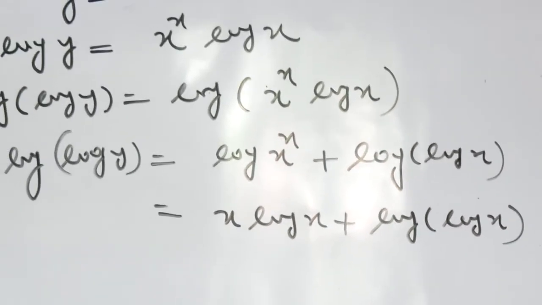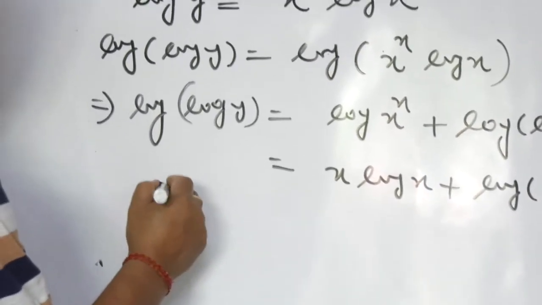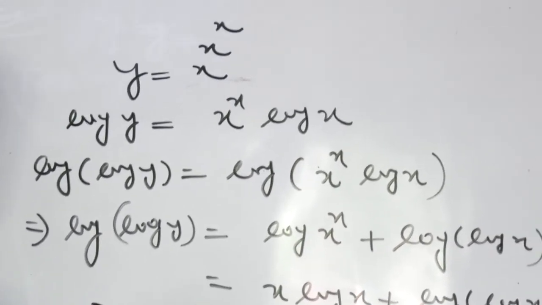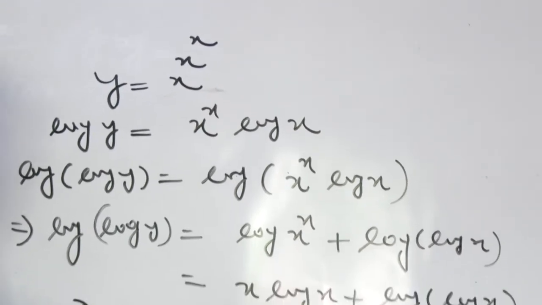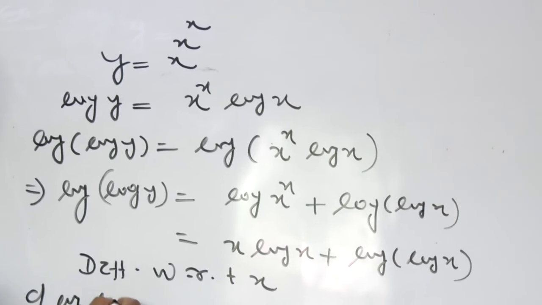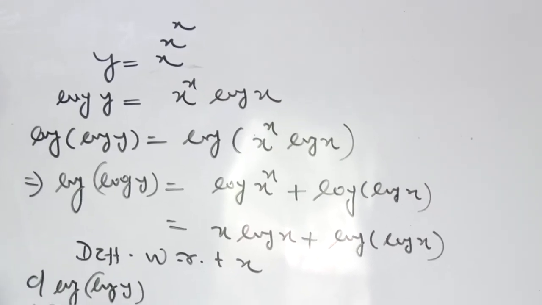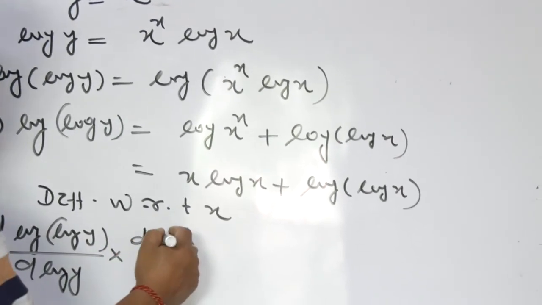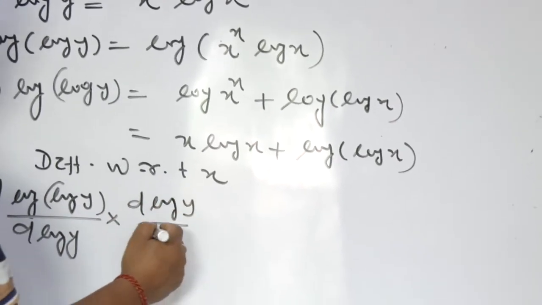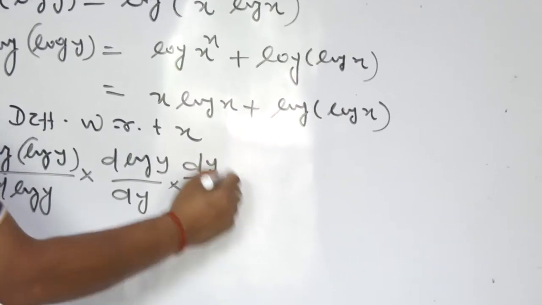Differentiate with respect to x. Derivative of log log y with respect to log y, into derivative of log y with respect to y, again derivative of y with respect to x.